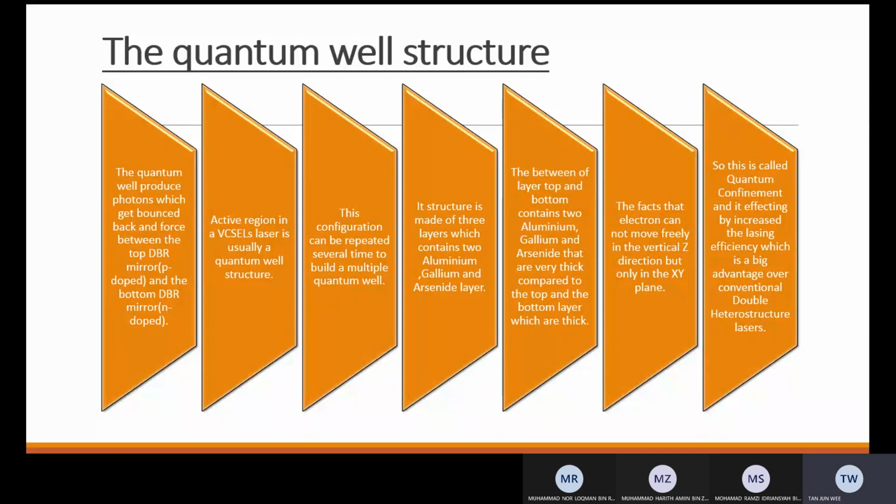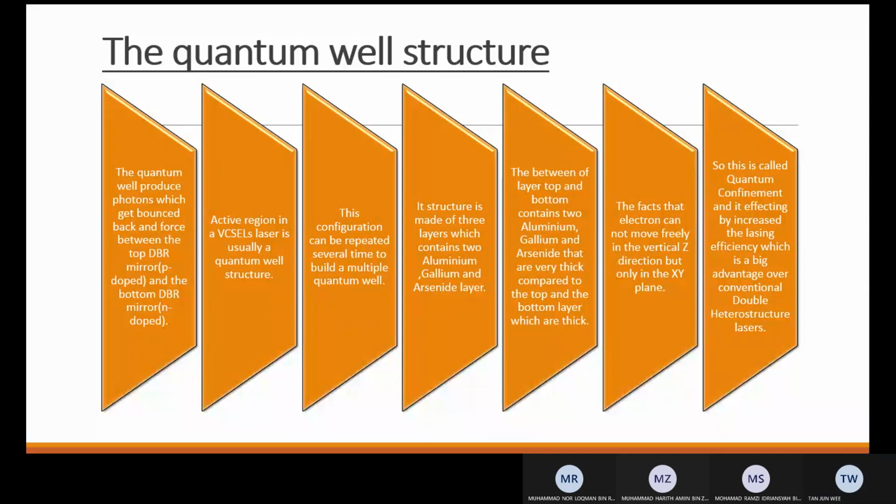This configuration can be repeated several times to build a multiple quantum well. Each structure is made of 3 layers, which contain two aluminum gallium arsenide layers. The layers between the top and bottom contain aluminum gallium arsenide that is very thick compared to the top and the bottom layers, which are thin.